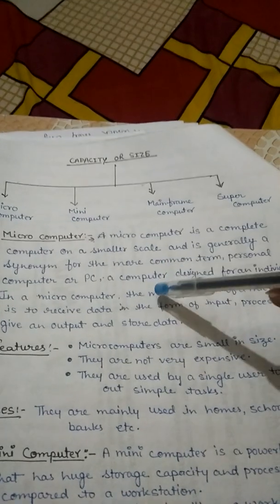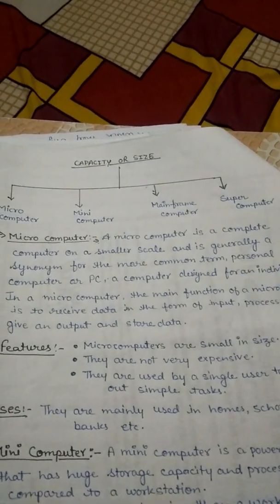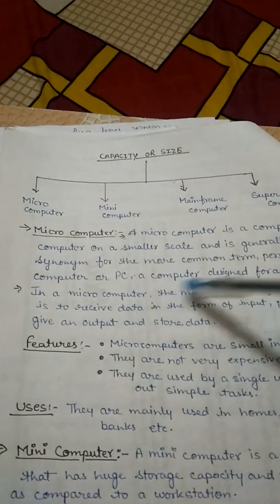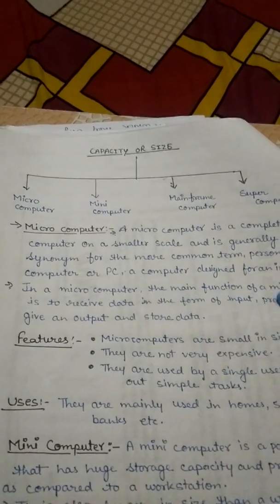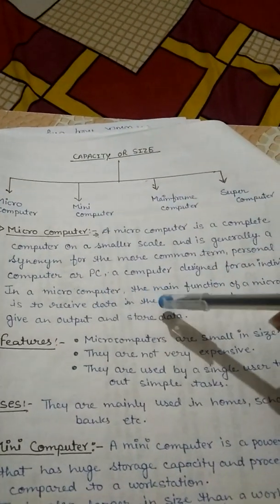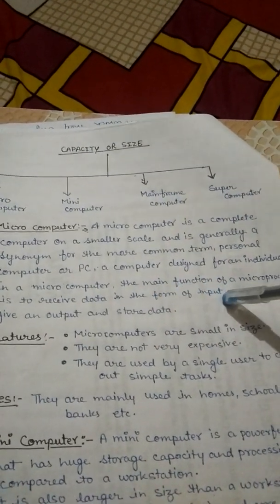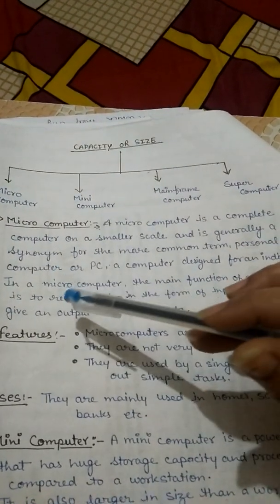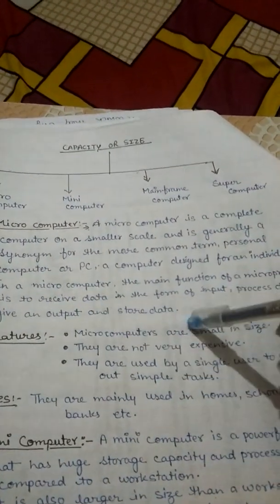In microcomputer, the main functions of the microprocessor are to receive data in the form of input, process data, give the output and store data.